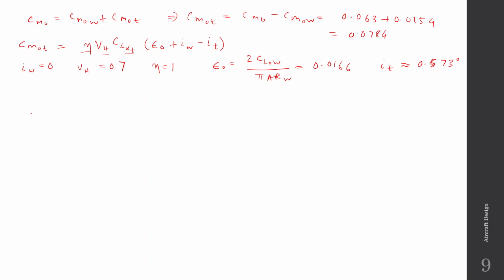Okay, now there are some more ratios that we can calculate. So we can calculate Cm delta E. One more thing we can assume is that the elevator occupies like 50 to 60% of the wing area.